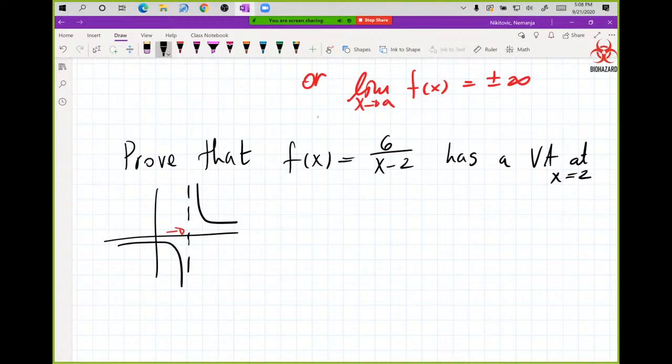So let's do the one-sided approach. The limit as x approaches 2 from the left of 6 over x minus 2. And then you use your eyes and you look at it, and you see it's negative infinity, and you're done. That's it. This is what it means to know the definition, to know the theorem, and then to solve the problem using that.